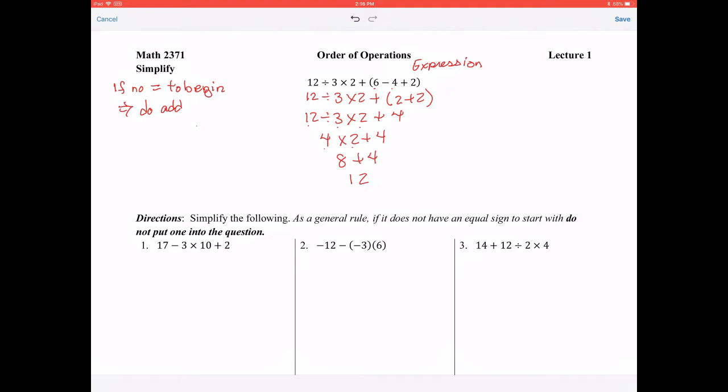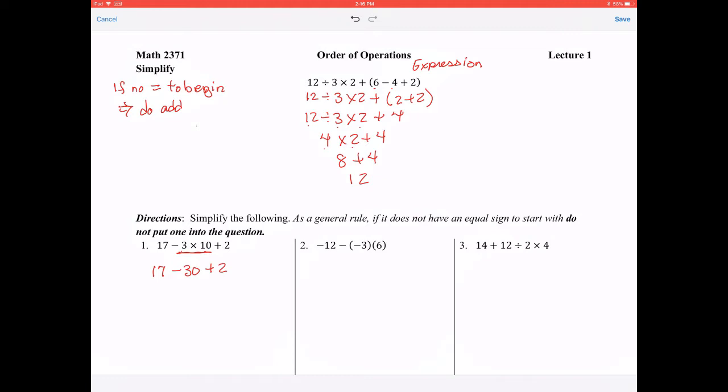Okay? Next. Okay, now I'm going to go down here. I have a multiplication sign right in the middle. So I have 17 minus 3 times 10 is minus 30 plus 2.